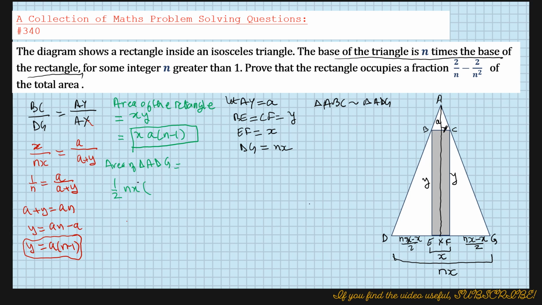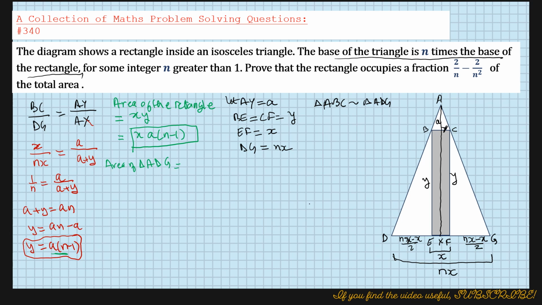So instead of y, we write a plus a times n minus 1, because that's y. Let me make it clear.